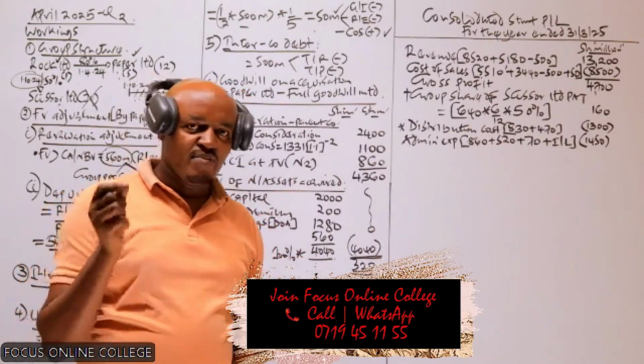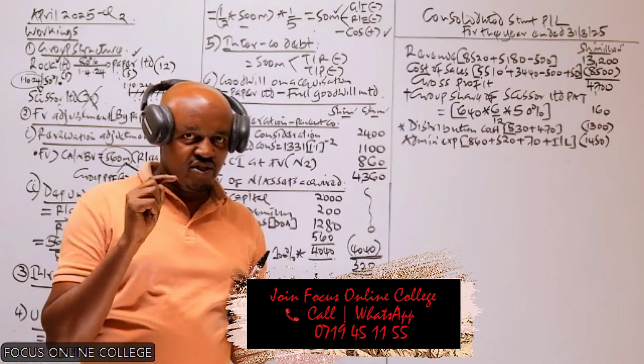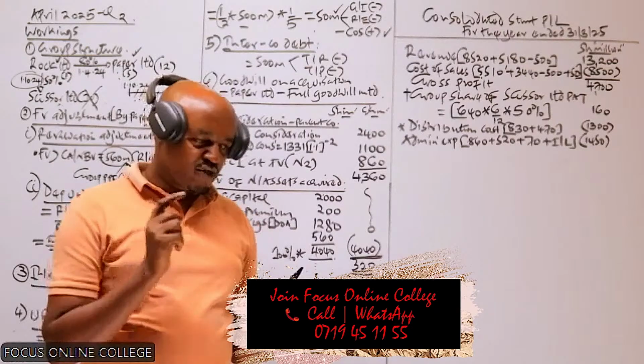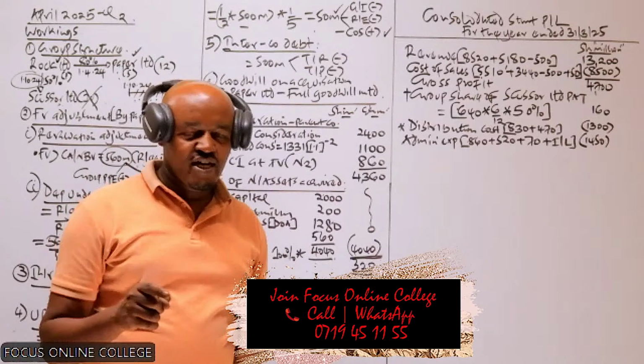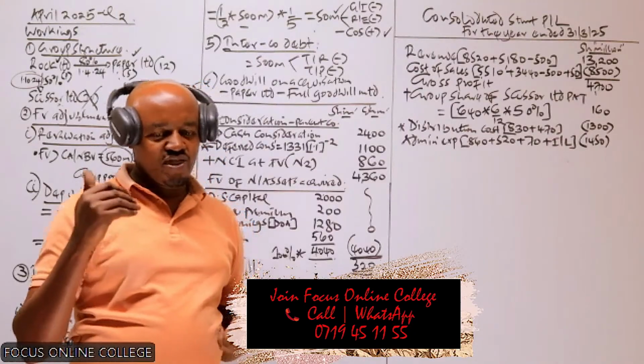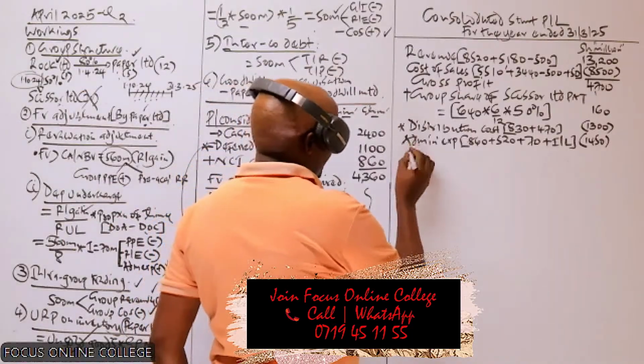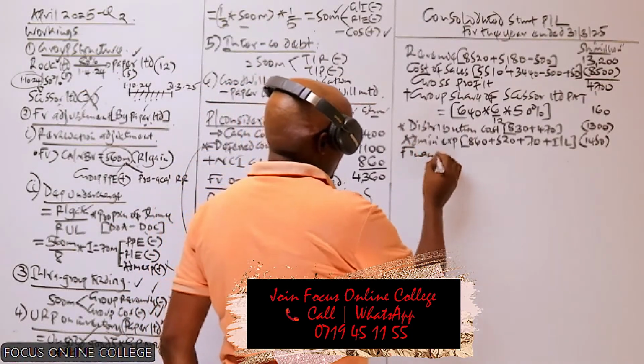In the process of amortizing a liability, there is something which arises, which is known as interest. If you're amortizing a loan, or even a financial liability, there is something known as interest. So that interest is recognized here as part of the finance cost.